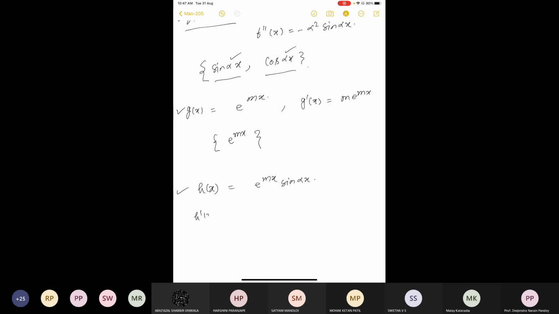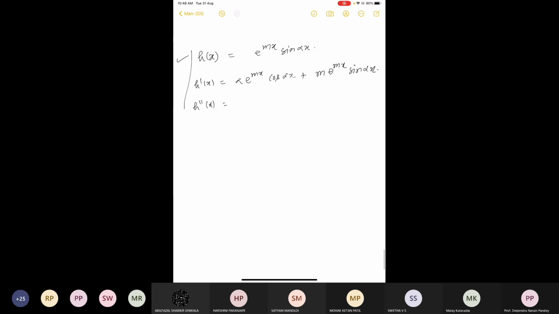So h dash x will be what? e to power mx cos(alpha x) plus m e to power mx sin(alpha x), and you can find out h double dash x, and you can check that these derivatives will form only finitely many linearly independent functions.